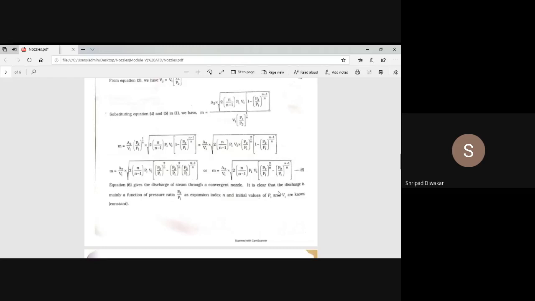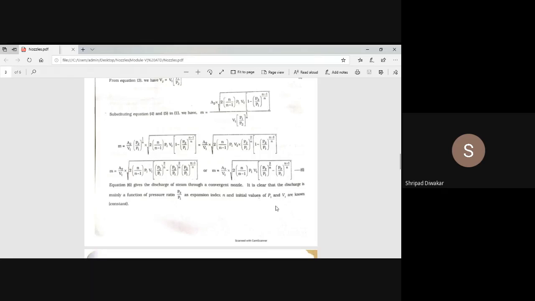From this equation it is clear that the mass flow rate is always a function of your pressure ratio, then your index n, whereas P1 and V1 are constant values. Main parameter is your P2 by P1. Okay, it is pressure ratio. Hence, the mass flow rate of nozzle is directly proportional to the pressure ratio.